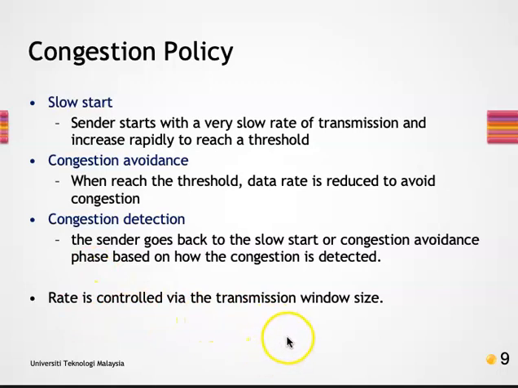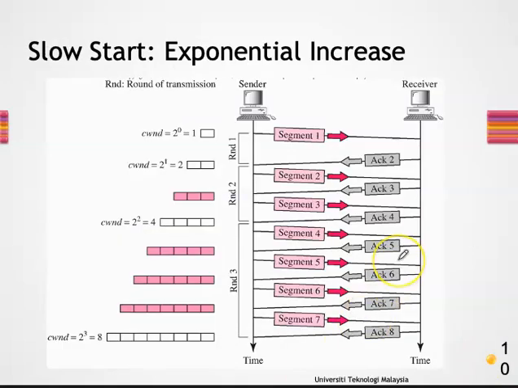We're going to look at an example for the congestion policy. This is the example from sender to receiver for the first phase, which is slow start in the congestion policy.